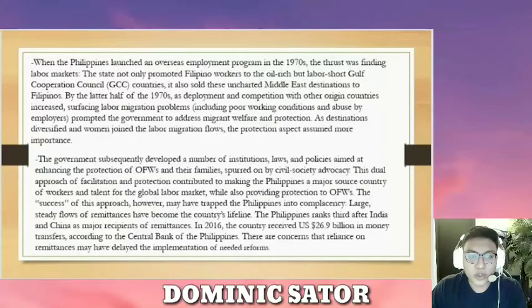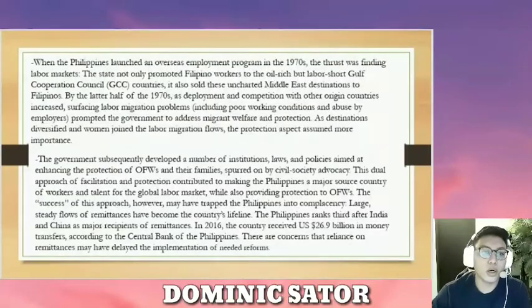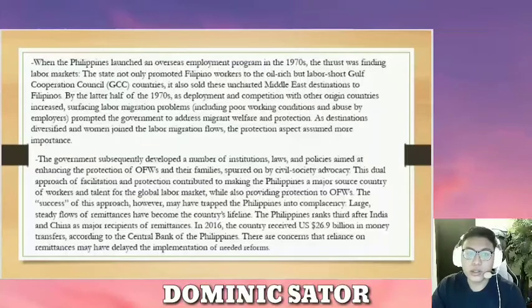As deployment increased, competition with the origin countries surfaced labor migration problems, including poor working conditions and abuse by employers. So, these are the most common problems that we encountered in our fellow OFWs.